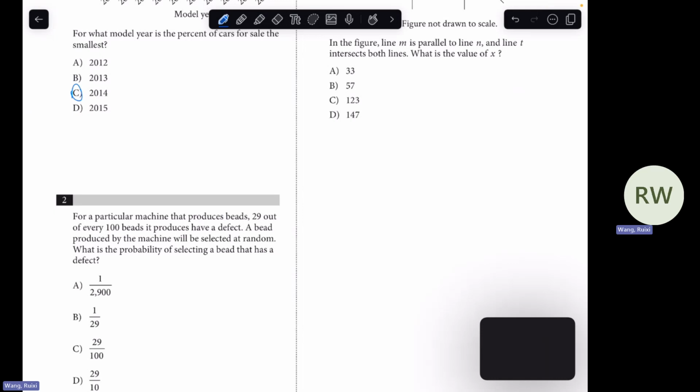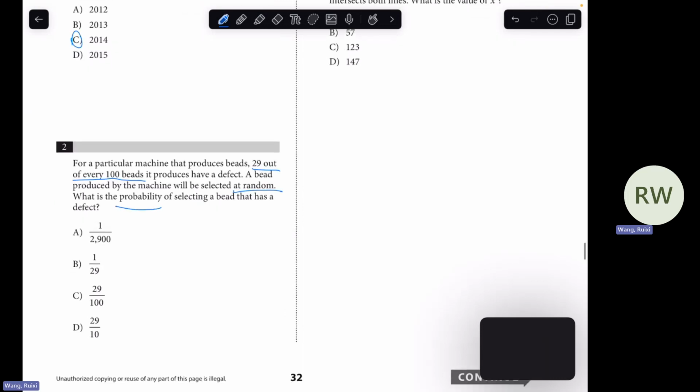29. Next question. 29 of 100 has a defect, right? So based on the given and the word problem, make sure you understand what at random means and the probability. Because 29 out of 100 is defective, the probability is 29 out of 100 that has a defect.